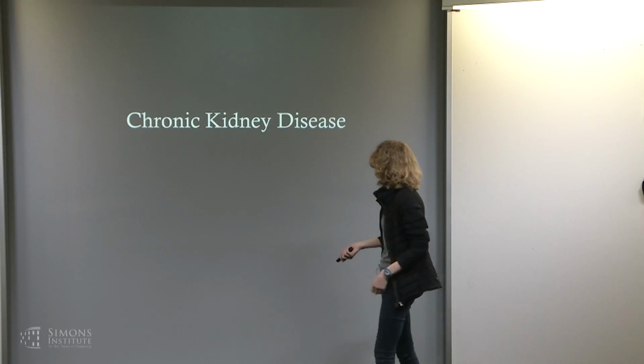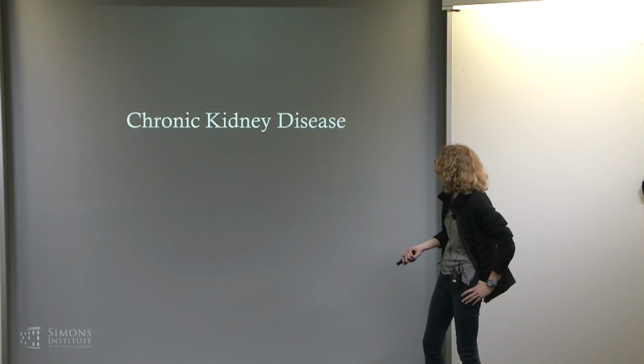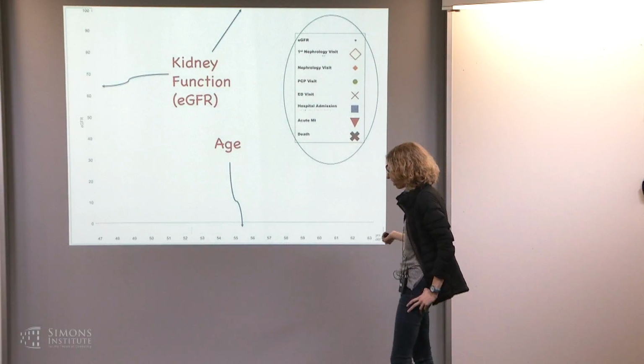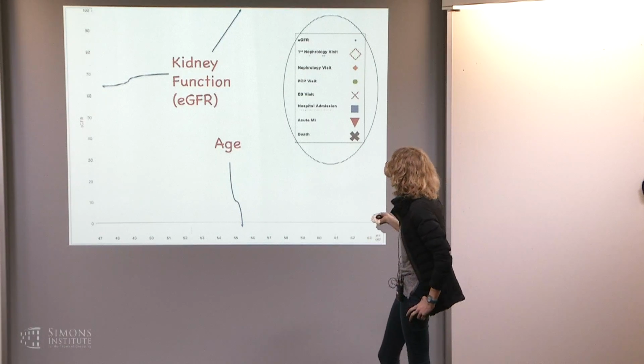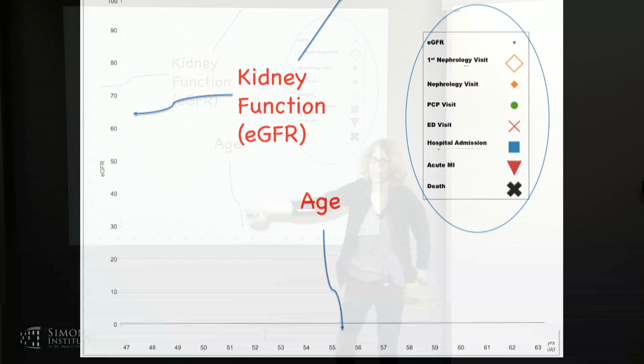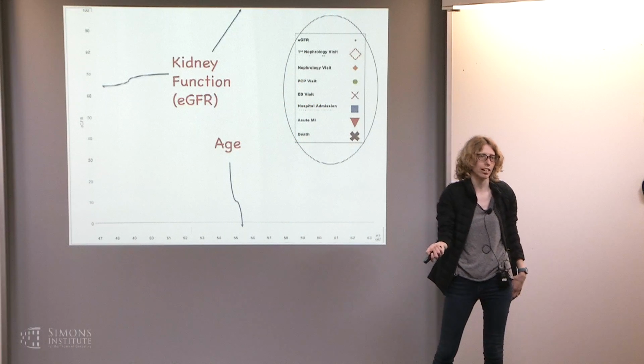Okay, so I'm going to start by talking about our work in chronic kidney disease. As a motivating example, this is a patient who was seen at Duke. eGFR, which is on the y-axis, is a measure of how well your kidneys are functioning. It's basically a linear equation that people have come up with. GFR is glomerular filtration rate, and they can't actually measure your GFR directly.